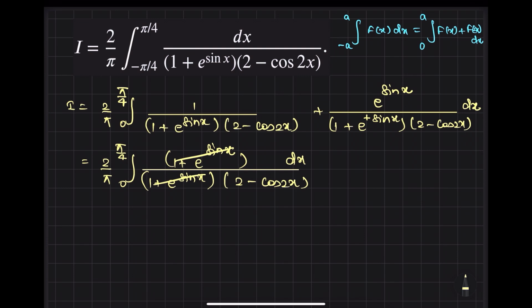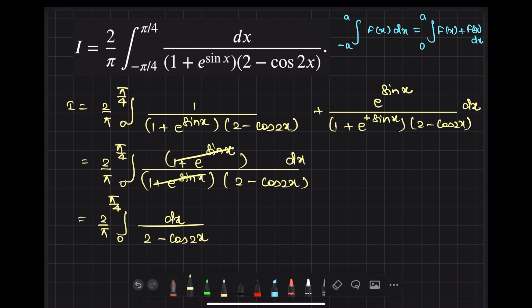This thing is gone. Now we are left with the trigonometric thing. So 2 by pi integration from 0 to pi by 4 and then dx by 2 minus cos 2x. Now you know that while dealing with integration, and in general whenever you are handling trigonometric functions, you should convert your question into tan.